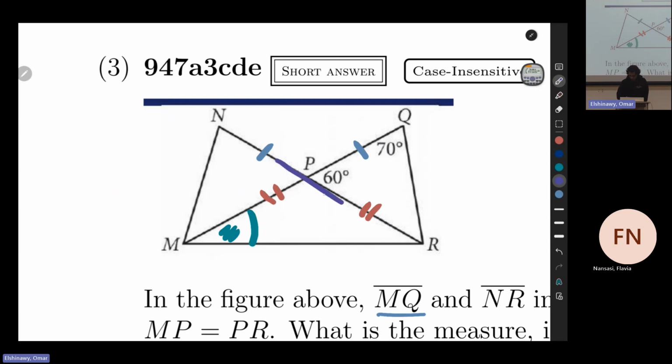This is a straight line, so this should be 120 degrees because the sum should be 180. This is another line, which means that this should be 60 degrees because the sum should be 180. And if I do the same thing again, this is 60 degrees and this is 120, because they have to add up to 180. So that's good.